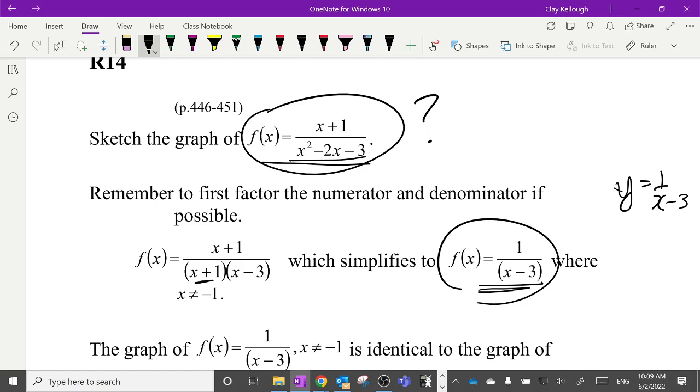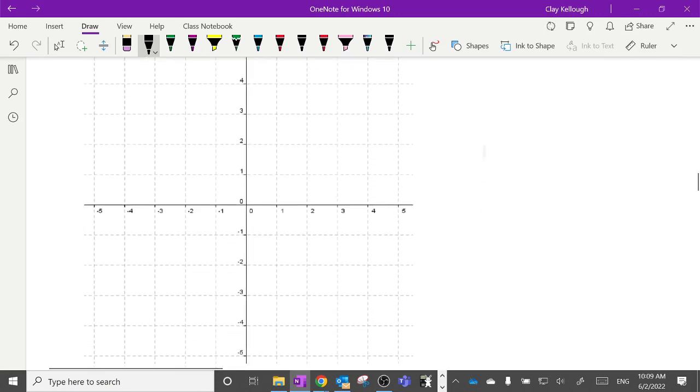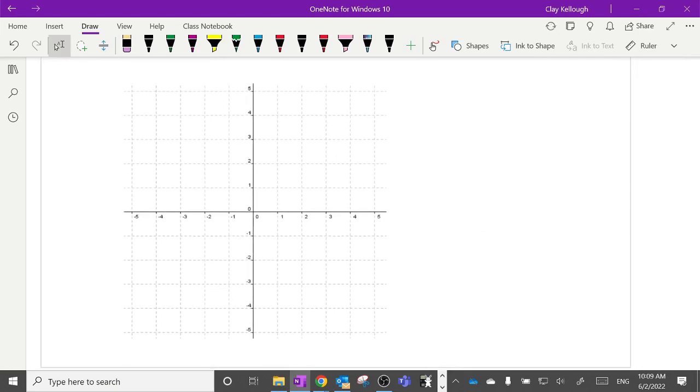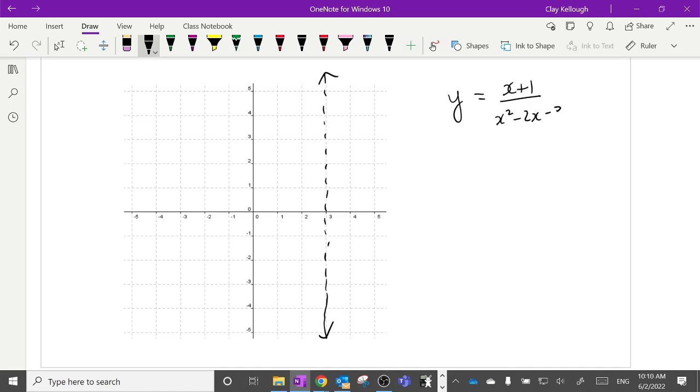And I know that it still does have an asymptote at 3. So let's put the asymptote at 3 down. Let me make that a little smaller so it fits on the screen. There we go. So we have an asymptote at 3. Okay. And we can do all the usual bells and whistles. So this is, again, we're actually graphing y equals x plus 1 over x squared minus 2x minus 3.